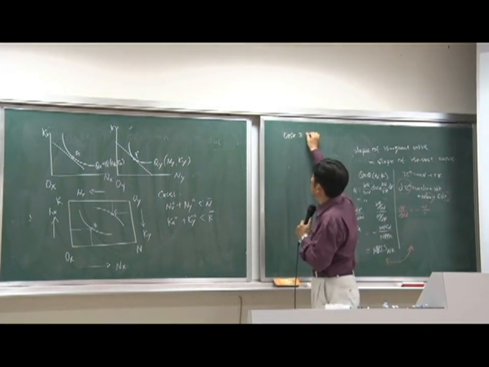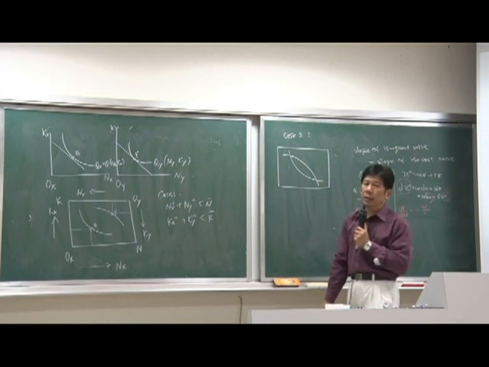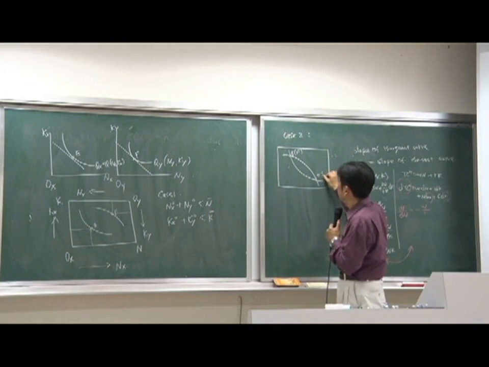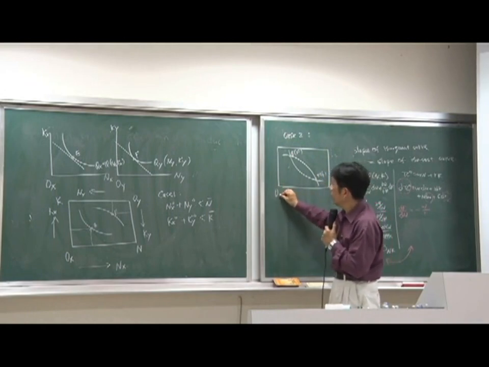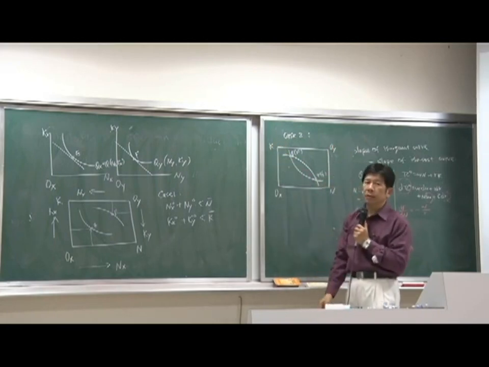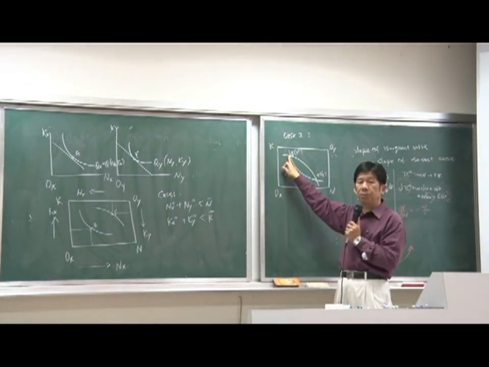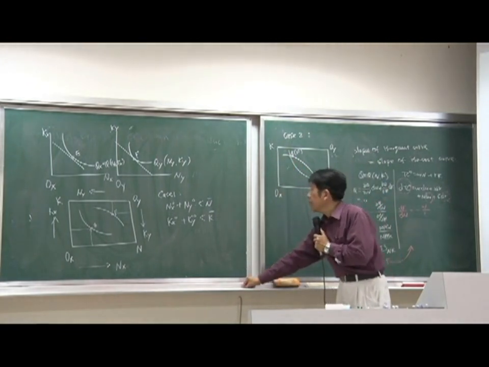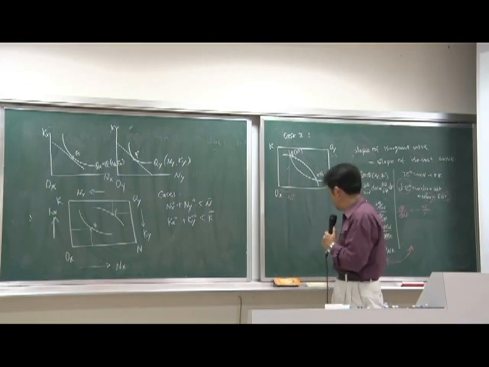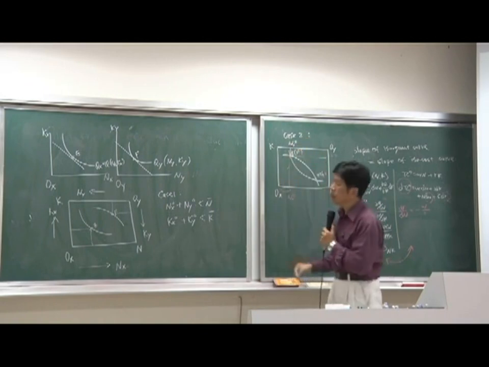So in case 2, we can check back here, the same. This is point E or point F, and this is the small e or small f. This is OX, this is OY, and this is N, this is K. If we start doing analysis from this point, this point represents you use NX0, and this one is NY0.